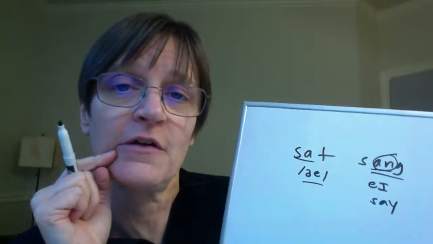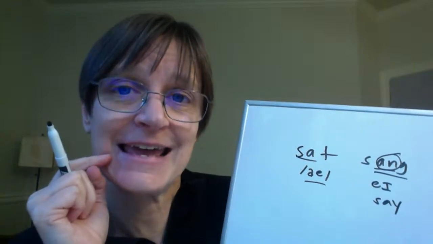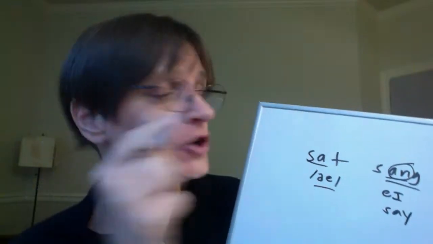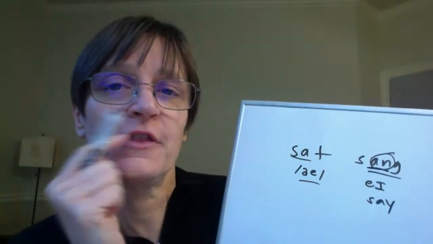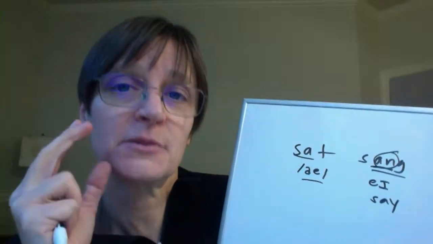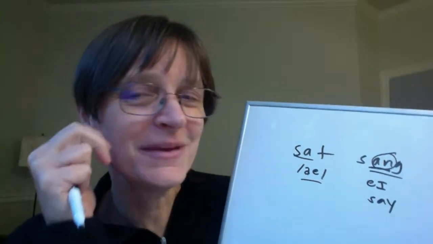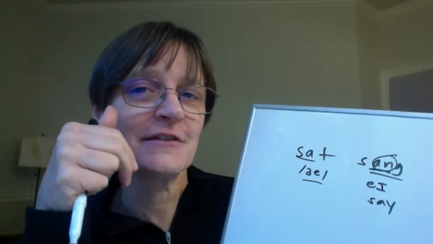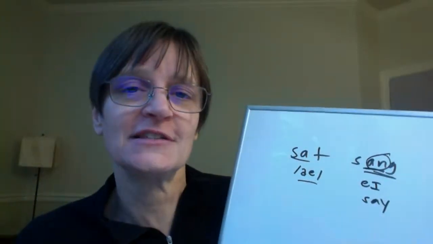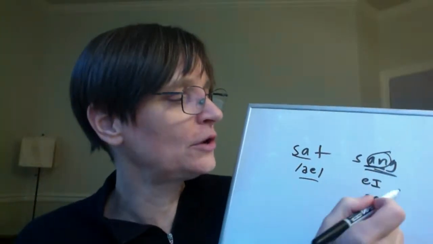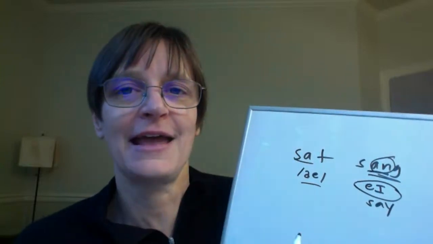So you can watch my mouth and see say, sang, that my mouth has to open more for the vowel in sang. So my mouth is open for the vowel, but because of the way my tongue is lifting and getting ready to go to the NG sound, it sounds more closed and you're perceiving more of that A sound.